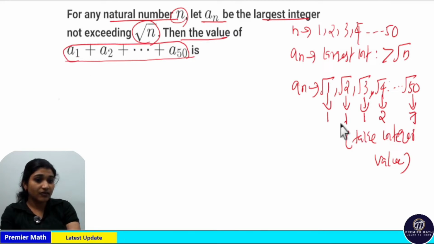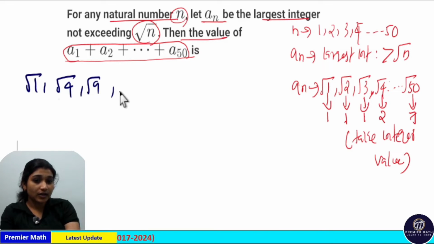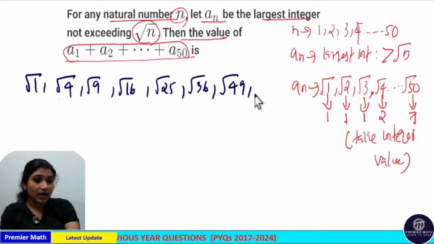Here a1 is 1, a2 is 1, a3 is 1, a4 is 2, and a50 is 7. For faster calculation, take the squares: root 1, root 4, root 9, root 16, root 25, root 36, root 49, and we can take root 50 as well. We need up to 50.